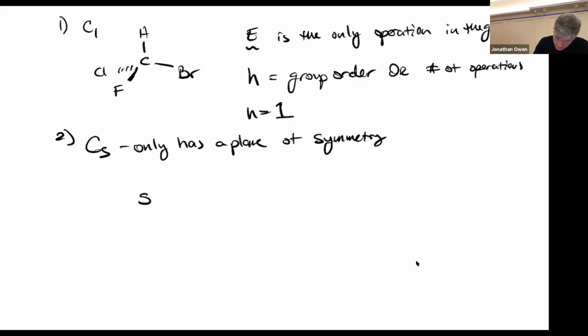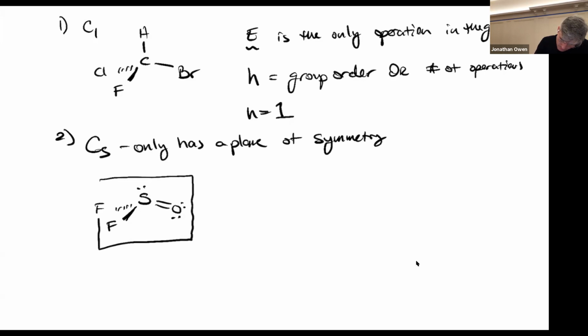An example here is difluorosulfoxide. This has a plane of symmetry that exchanges the two fluorines.